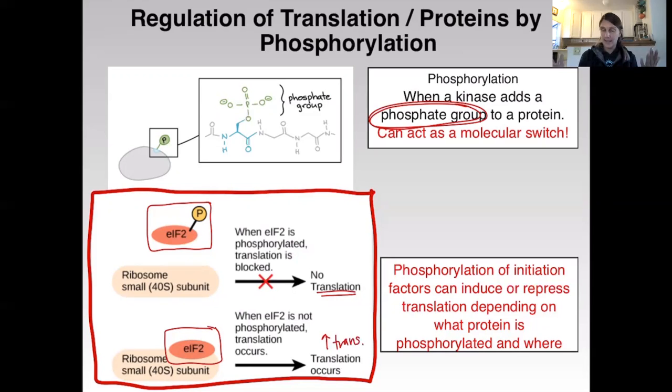This is just one example of how phosphorylation of proteins can change how the ribosome functions, right? And again, I'm not going to go crazy with the details, but I would show you an example of something you've never seen, and you need to interpret what's happening in that figure.